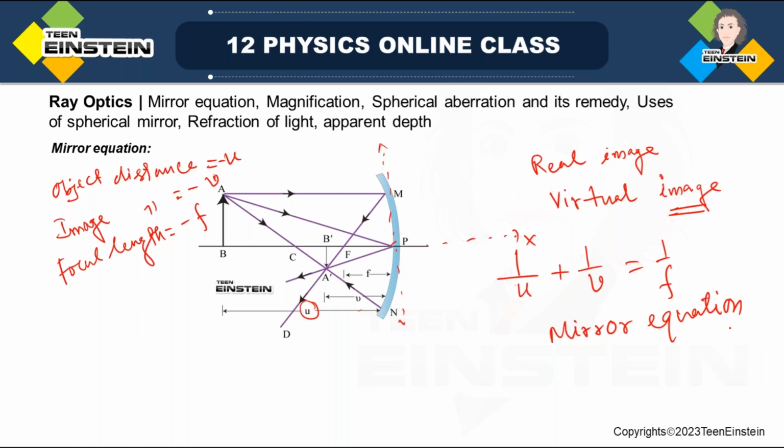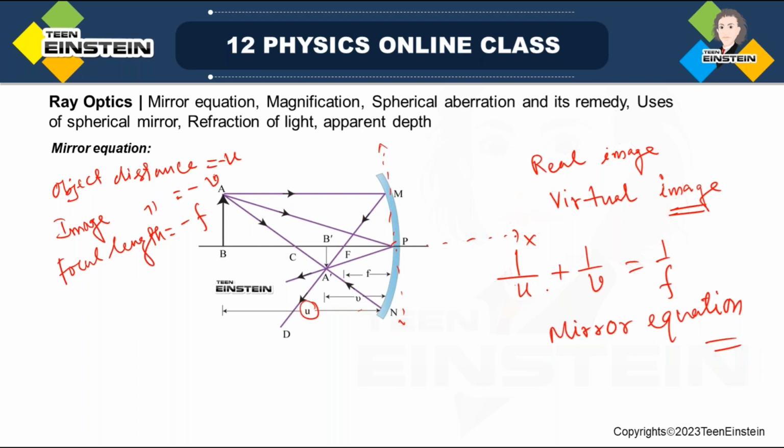We will derive it only for the concave mirror, and this equation is the same for both concave and convex mirrors. So we'll derive 1 by v plus 1 by u is equal to 1 by f.